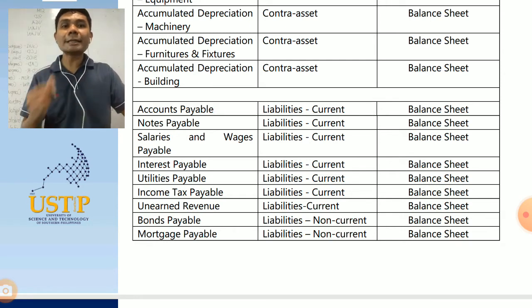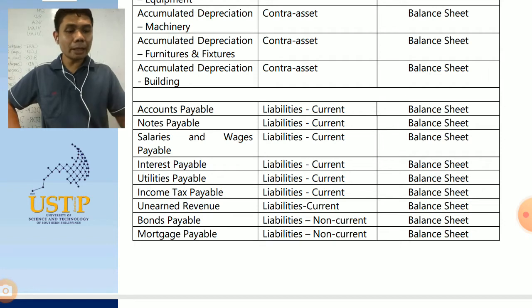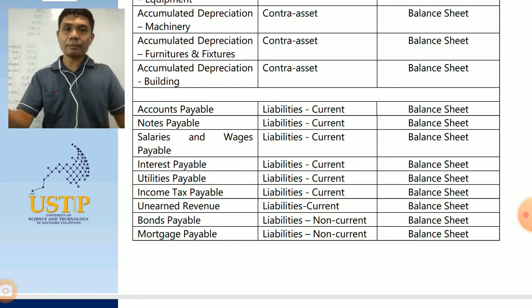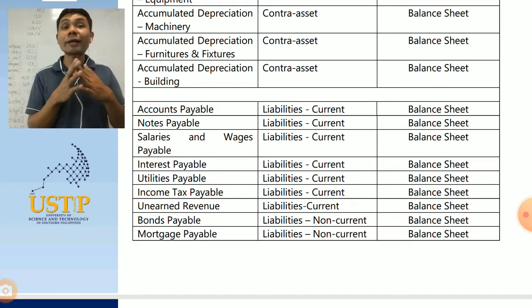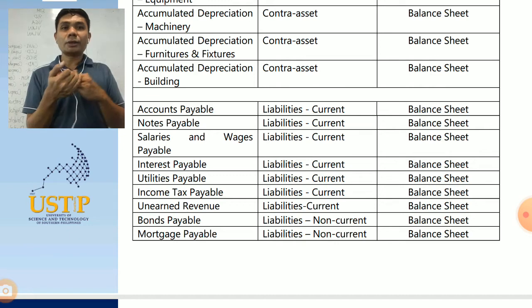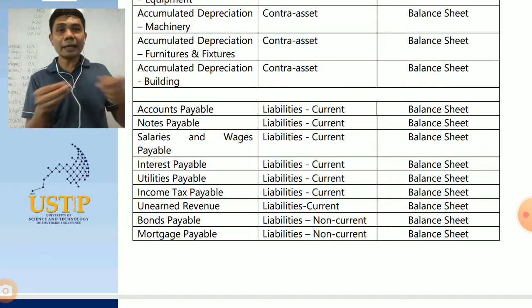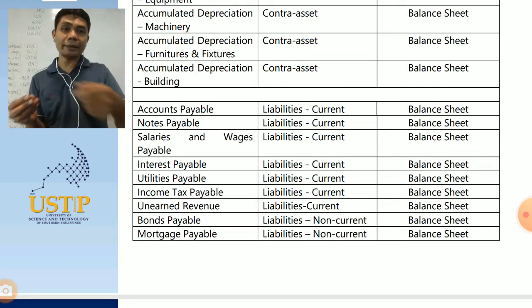Next is bonds payable. Especially mga corporation, mag-issue na sila og bonds para maglikom og capital or kwarta, especially kung dako kayong project sa usa ka corporation or a company. So, mag-issue na sila og bond. Kanang bond, nag-represent na siya og liability.